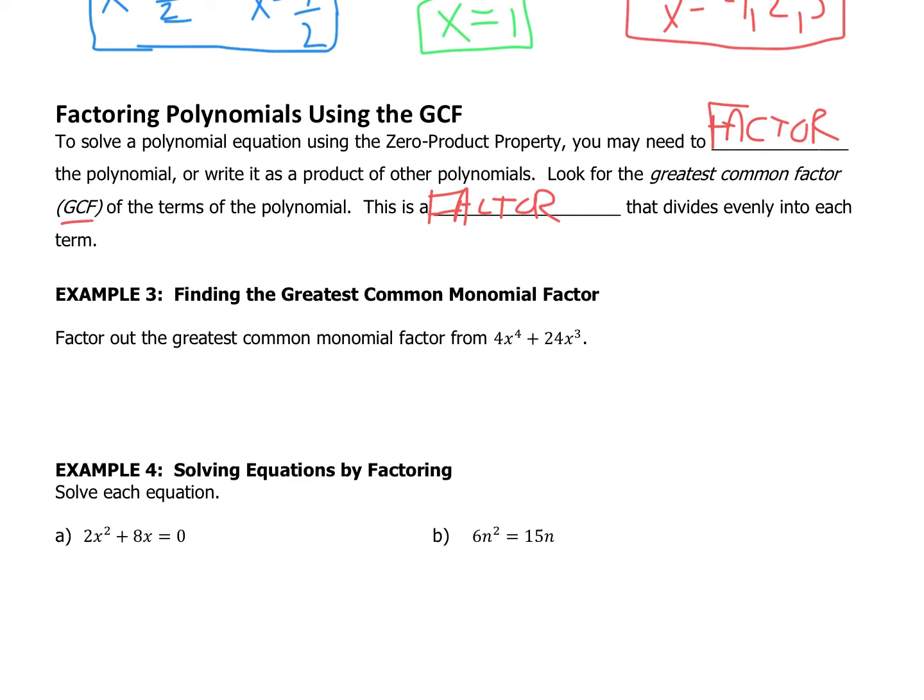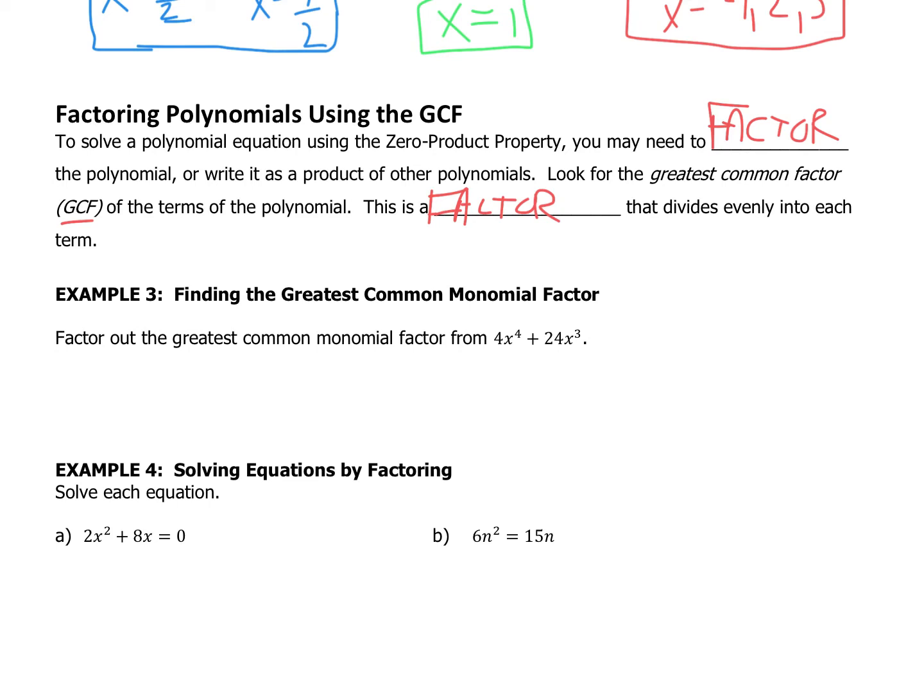GCFs are very similar to when you've done them in the past, when you would have two numbers like, for example, 2 and 6. There's a greatest common factor between those two things of a 2. Then you look at numbers like 6 and 12. Well, there is a common factor of 2, there is a common factor of 3, but the greatest common factor would be 6.